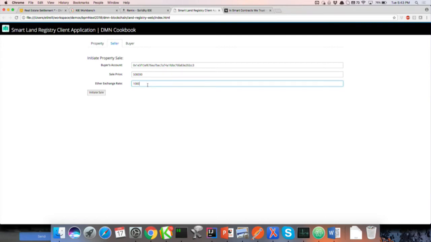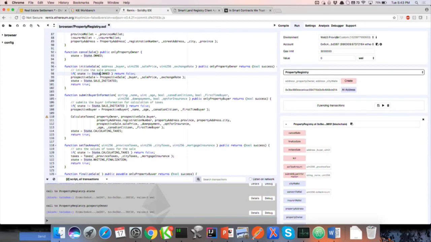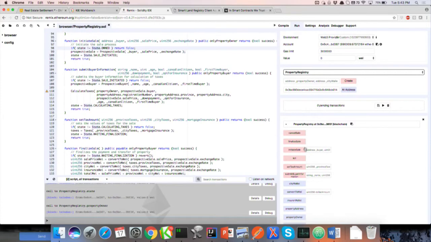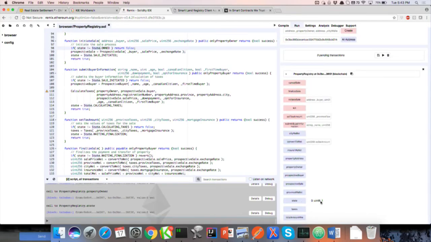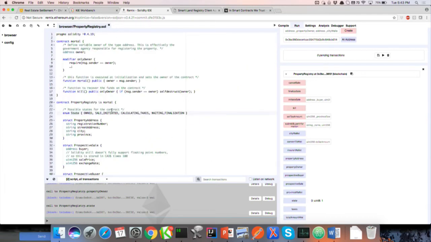So we have to agree on an exchange rate for Ethereum that we'll use for our sale. Once I initiate the sale, basically what happened is that function in the contract was executed. It stored some information, and if we look here, the state is now 1. 1 means it's a sale initiated process.